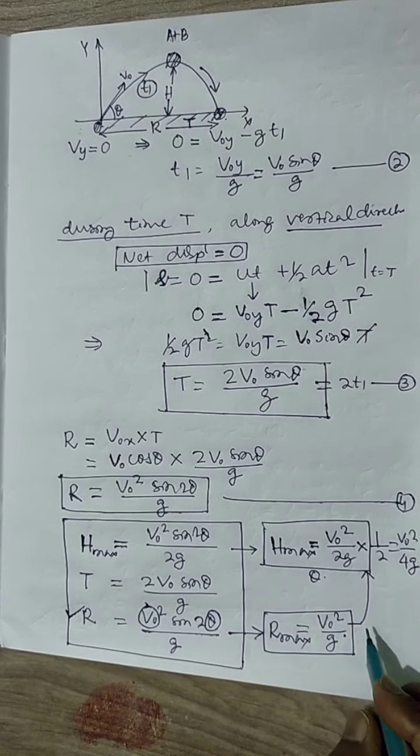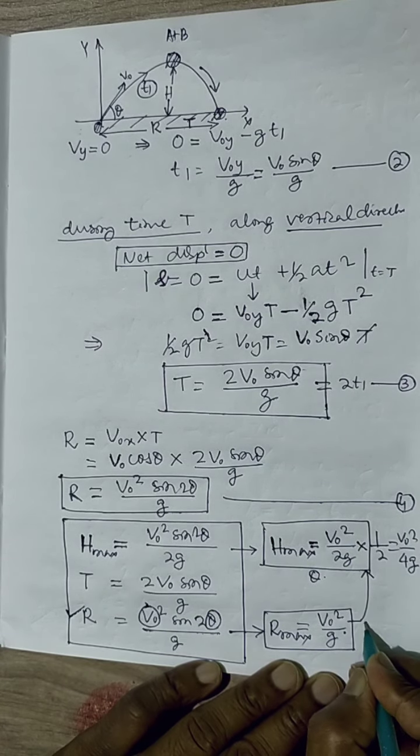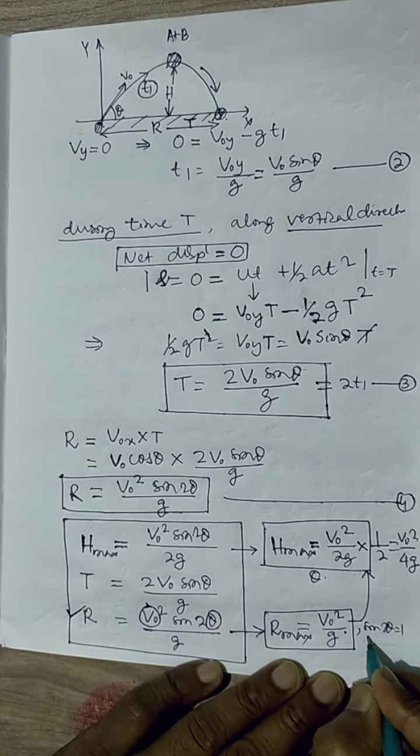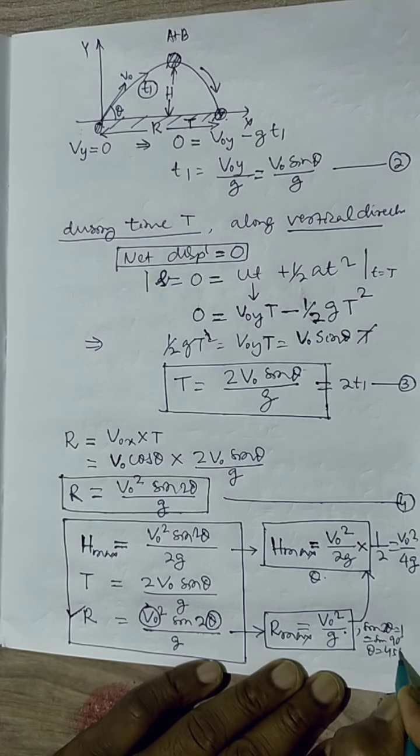Whereas sin 2 theta is equal to 1, or sin 2 theta is equal to sin 90, or theta is equal to 45 degrees.